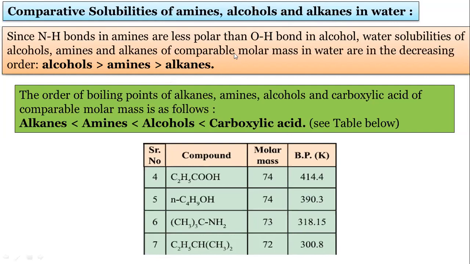So again there is a factor of polarity. NH bonds in amines are less polar than OH bonds in alcohols. The OH bond is more polar because the electronegativity of oxygen is more, and the electronegativity of nitrogen is less than oxygen. So the OH bond is more polar than the NH bond.